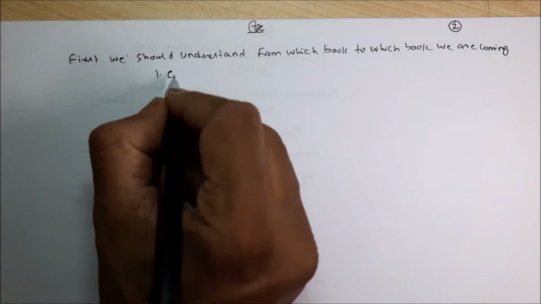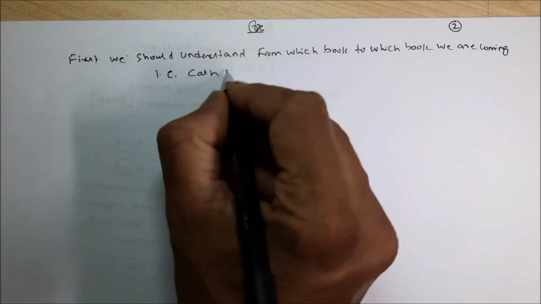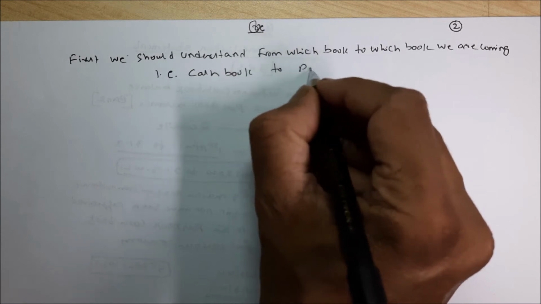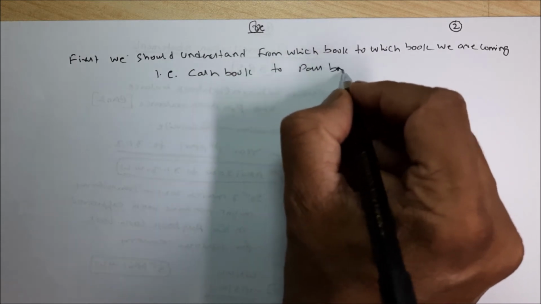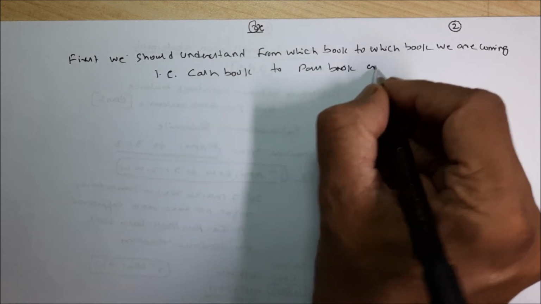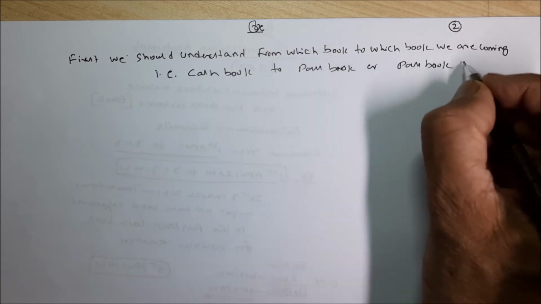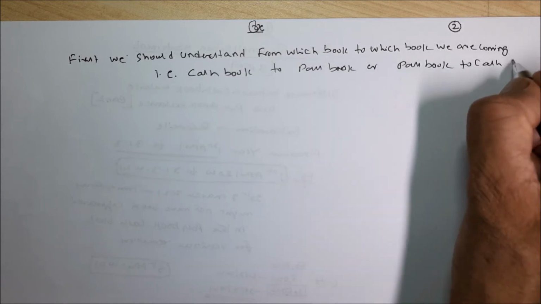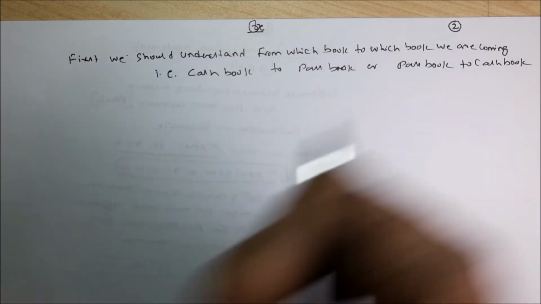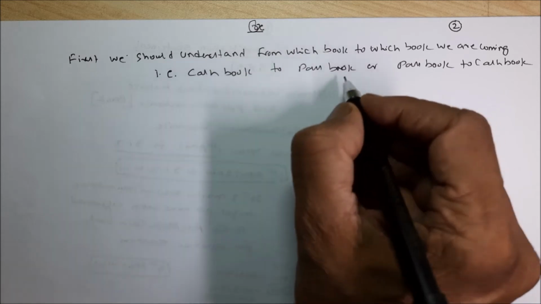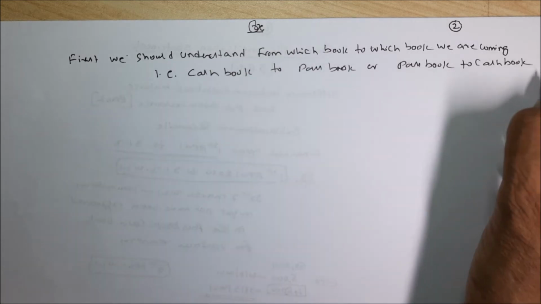That is cash book to passbook or passbook to cash book. That means we can say from cash book balance to passbook balance, or passbook balance to cash book balance.